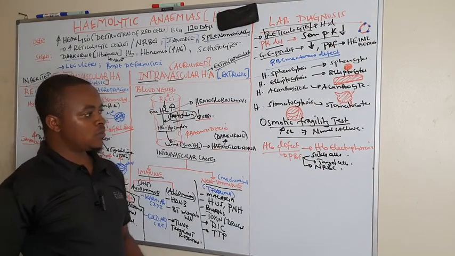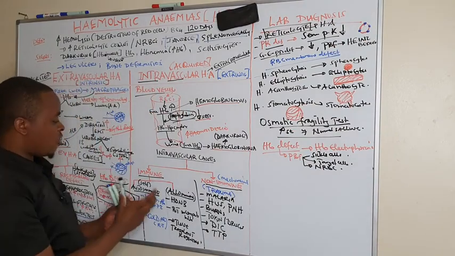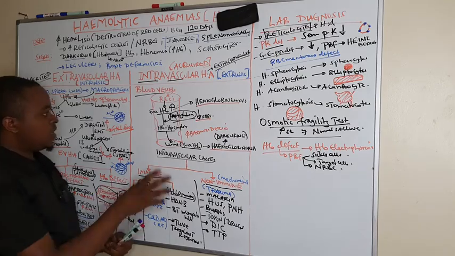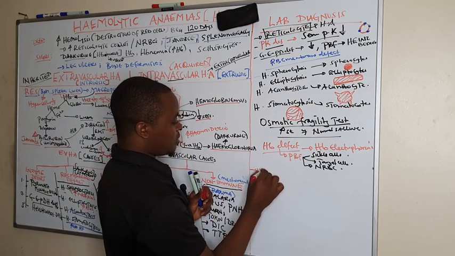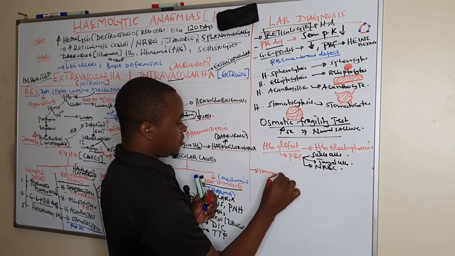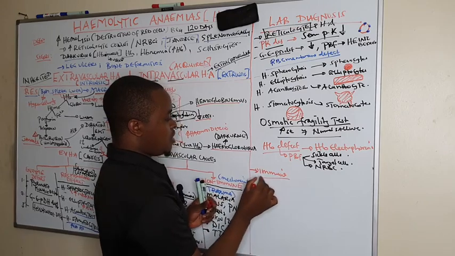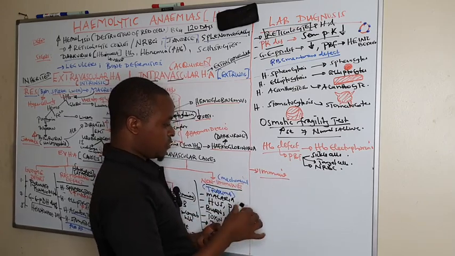Then another test, if the cause is immune, that is, we have gone into intravascular. If the cause is immune, then here we do tests like Coombs.